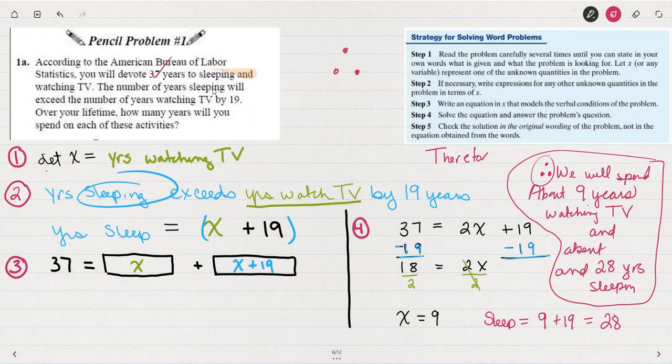The number of years sleeping exceeds TV by 19. So the 28 is the sleeping years, 9 plus 19, and that verifies. So I can say that I've checked the solution with the original wording.